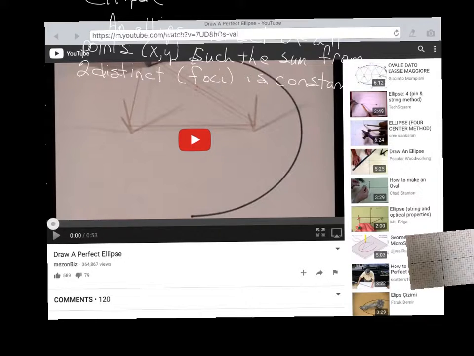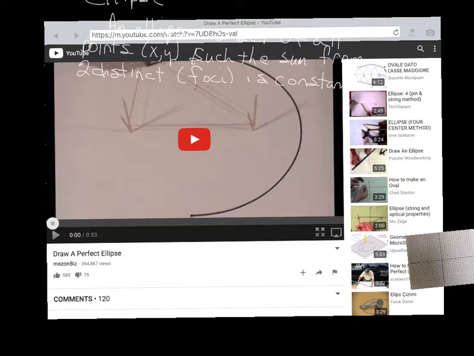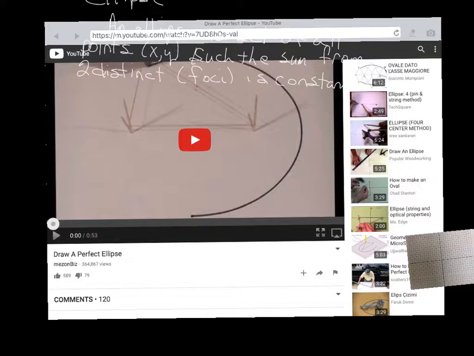I know that looks a little circular, but it's not quite circular, a little bit more squashed maybe. If the foci were farther apart, it would probably be a little bit flatter or more oval looking. But let's just look at it again.